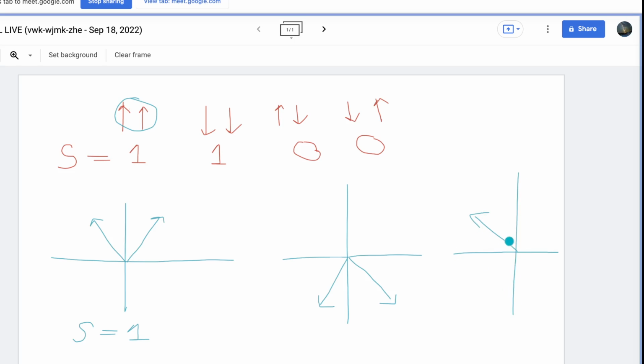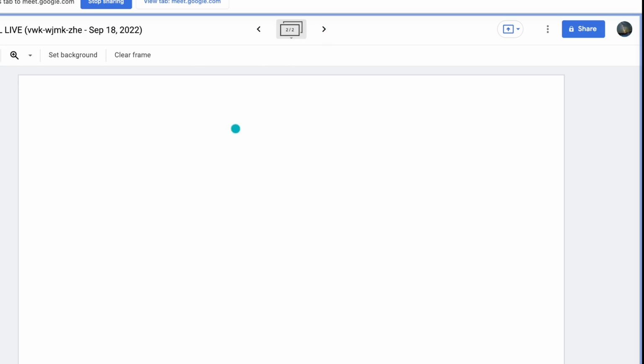So there are in total 3 different arrangements, combinations, for the triplet, and for the singlet it is for S equal to 0.